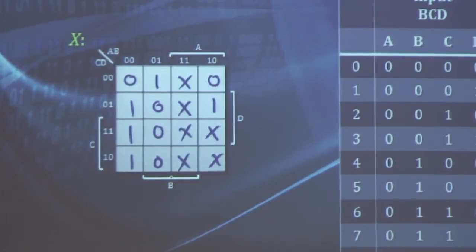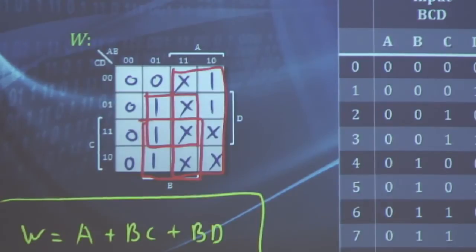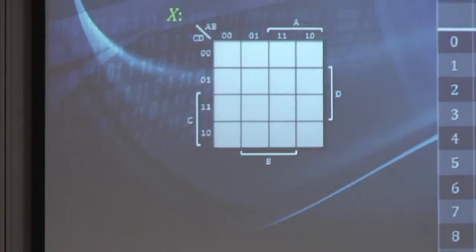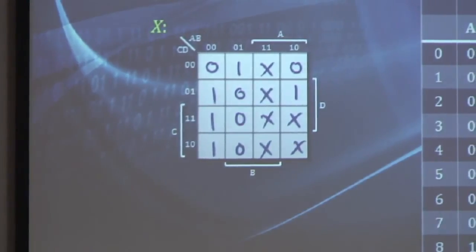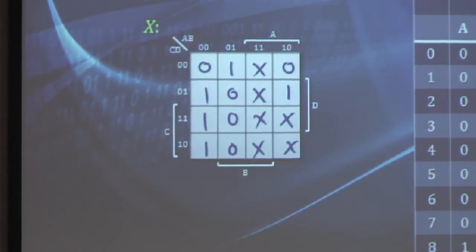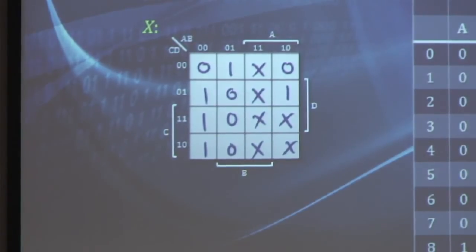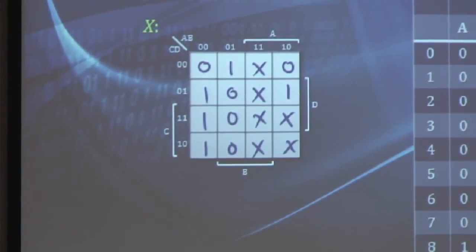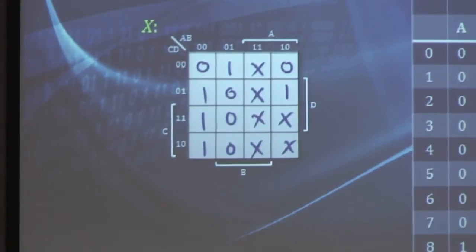Just a little note here, if you're observant, you realize that the don't cares for W are in the very same places as the don't cares for the X function. Which makes sense because the places in the corner maps correspond to these combinations here, and they will always fall in the same place. So later when I deduce Y and Z, they will be in the same place as well.